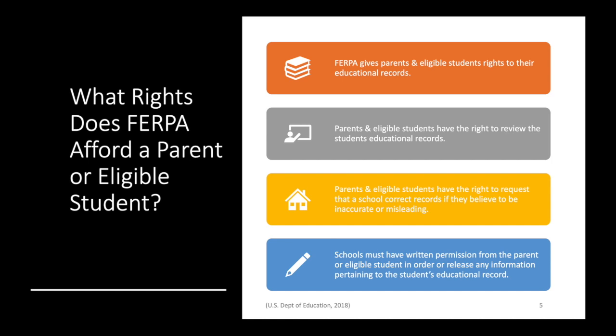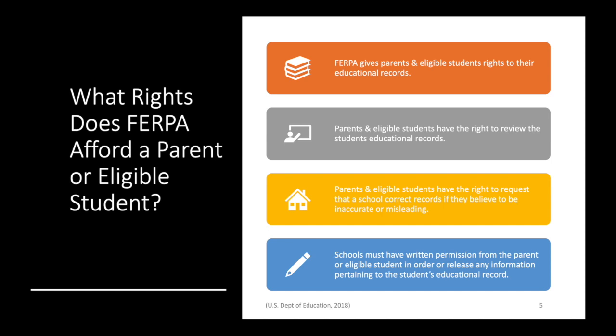Schools or institutions must also have written permission from the parent or eligible student in order to release any information pertaining to that student's educational record. Schools, however, can disclose educational information in certain cases.